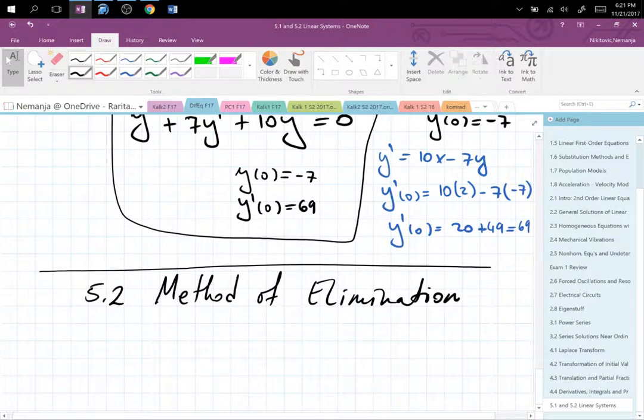What we just did in converting a system into a single equation is the method of elimination, because we started with a system of linear equations which had x of t as one function and y of t as a different function.